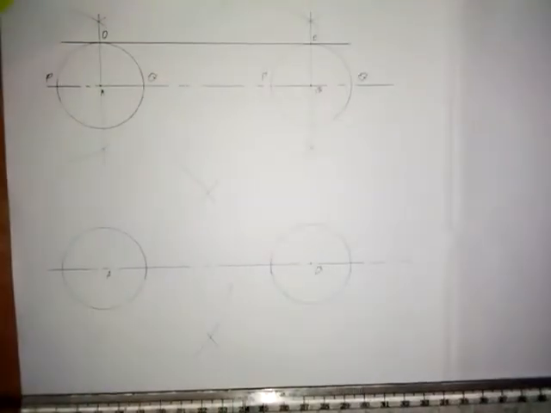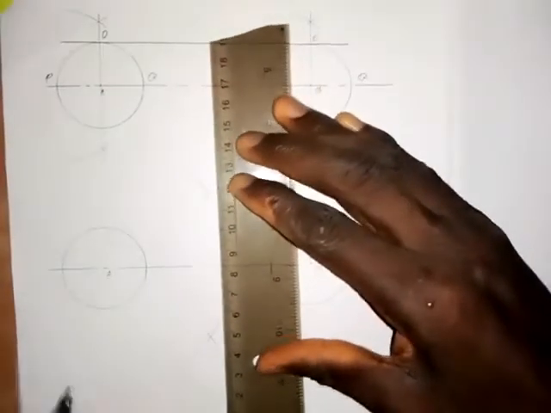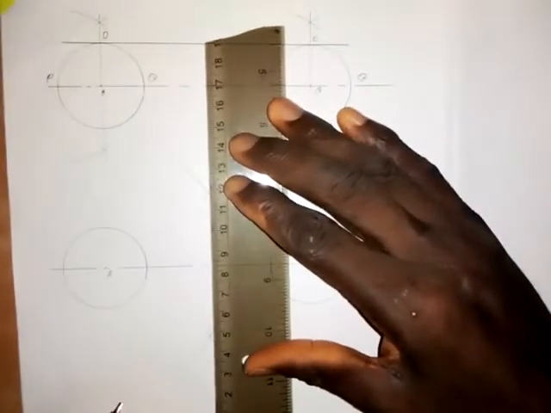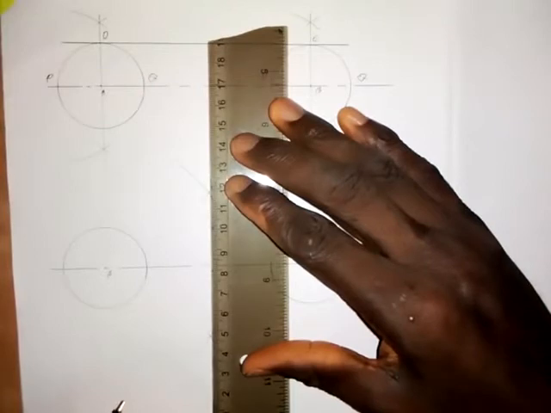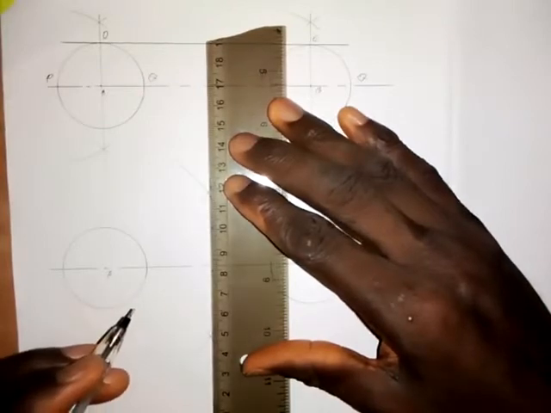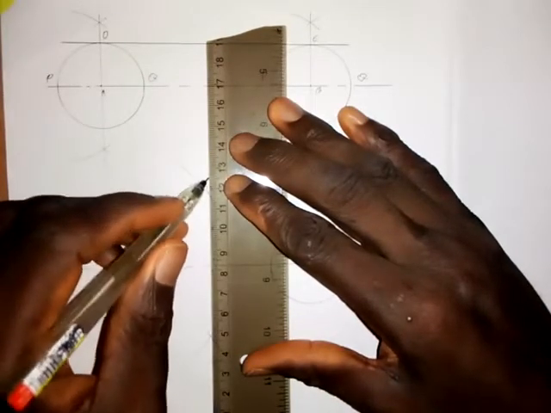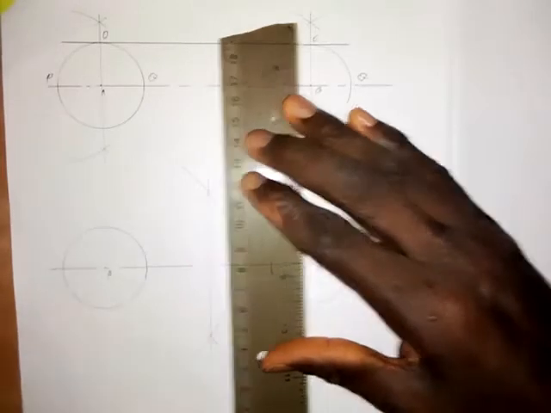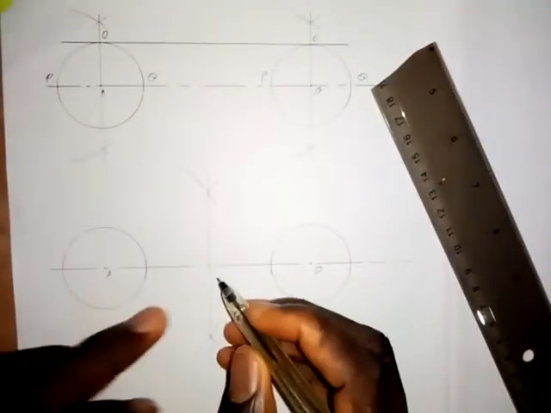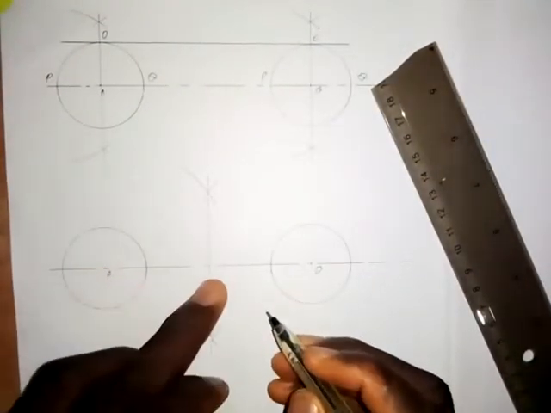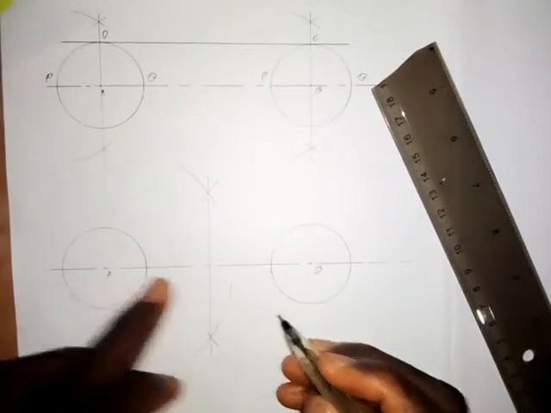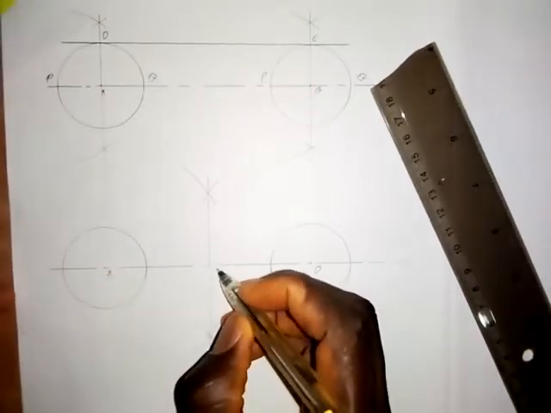Then I will draw the bisector. The point where this bisector touches line AB, I'll call point C.